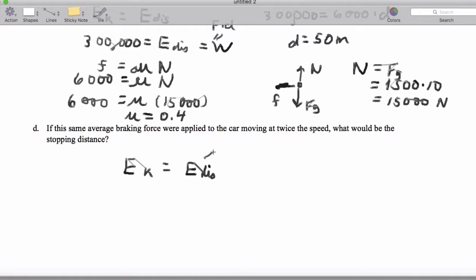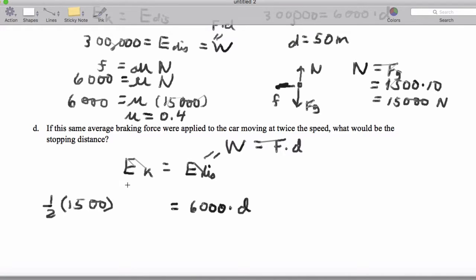E dissipated is going to be the work done, which is the force times the distance. So we've got a 6,000 newton force acting over a new unknown distance, and the kinetic energy is going to be 1/2 times the mass, which is 1,500, times the v. We're going to double the speed, so that's going to be 40 meters per second. So that's going to be 40 squared.